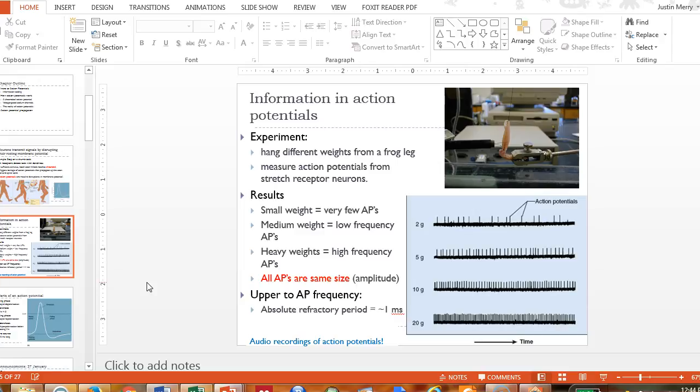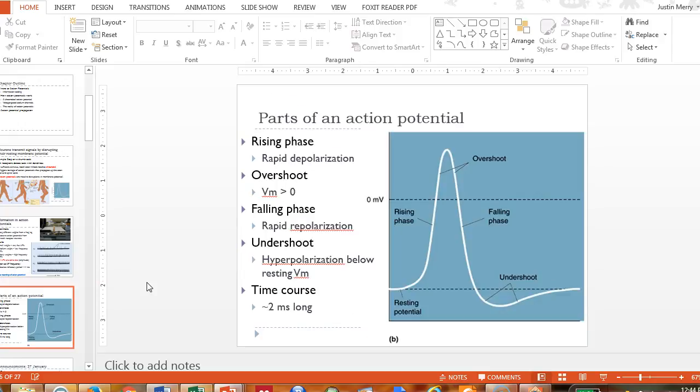They won't stay up, and the reason is that the action potential rises because of those voltage-gated sodium channels. Those inactivate by the time you get up here, and the only way they will ever open again is if you allow them to reset by getting back down to threshold.